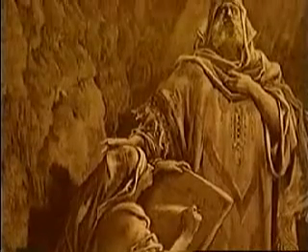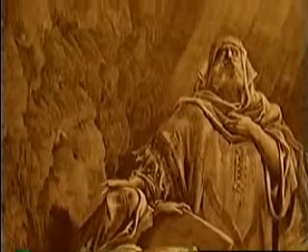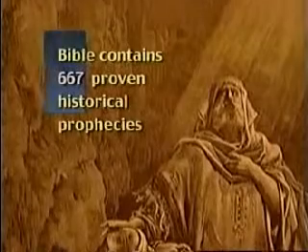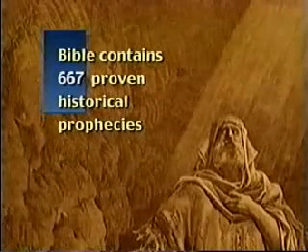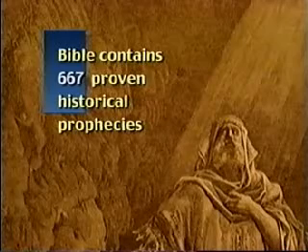Did you know that the Bible contains 667 historical prophecies that have virtually all been confirmed to have happened? 667. Now, some of these prophecies were long-term, some were short-term, but many were extremely specific.